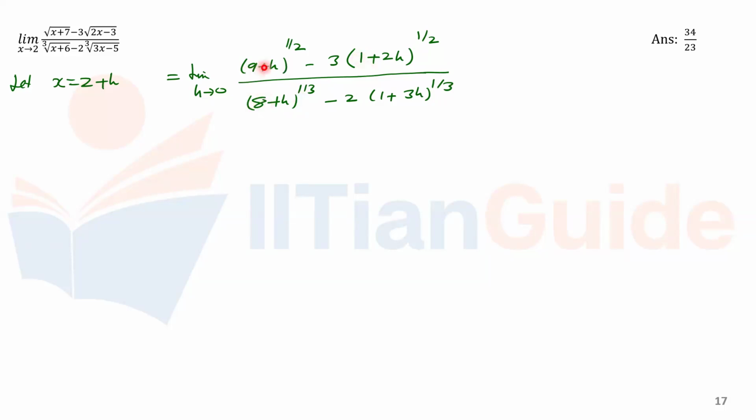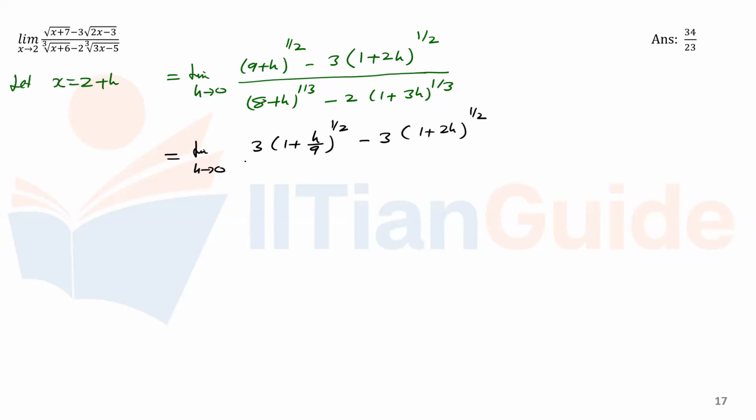I need 1 here. So I will take 9 common, 9 power half, that will become 3. Here I will take 8 common, 8 power 1 by 3, that becomes 2. I'm showing you, writing it out. So limits h tending to 0, I have got 3 times (1 plus h by 9) whole power half, minus 3 times (1 plus 2h) whole power half.